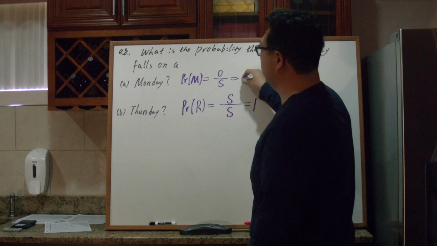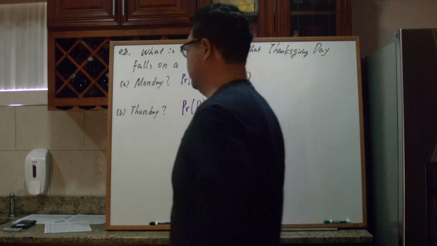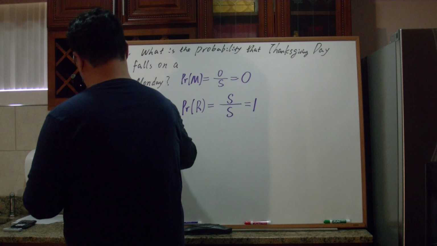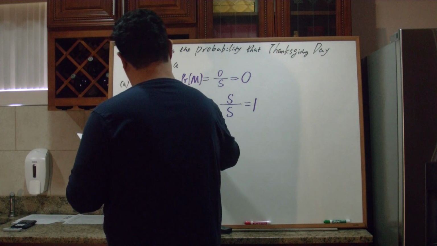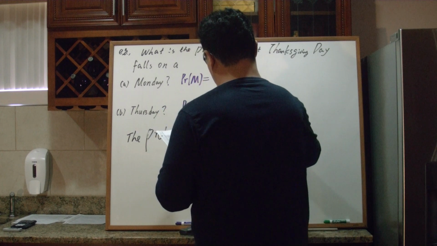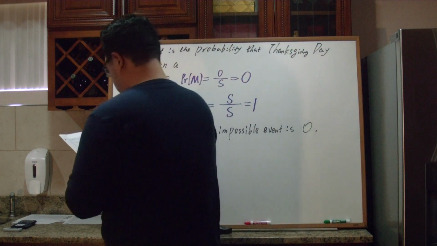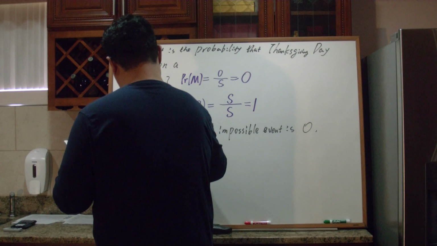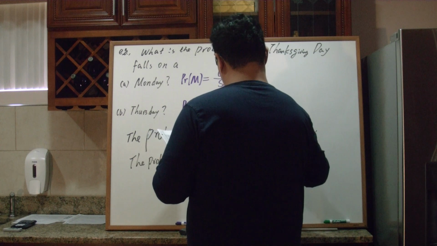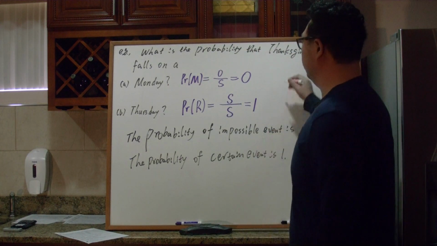So in the future, the probability that Thanksgiving Day falls on a Monday will be 0. Right, a probability of 0 is an impossible event.